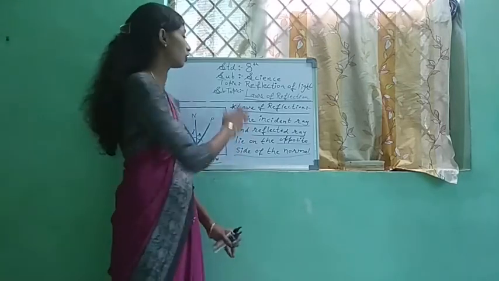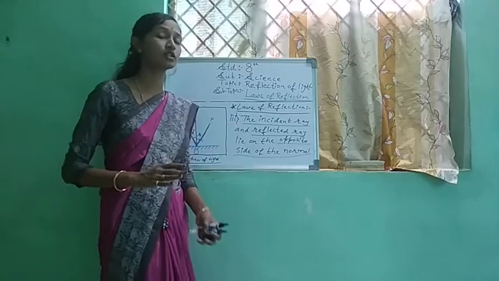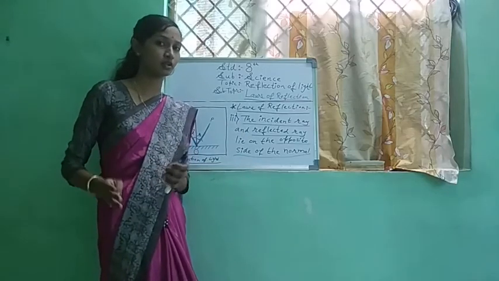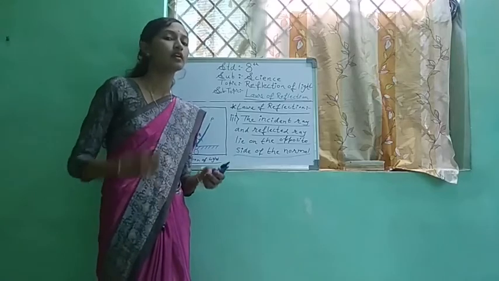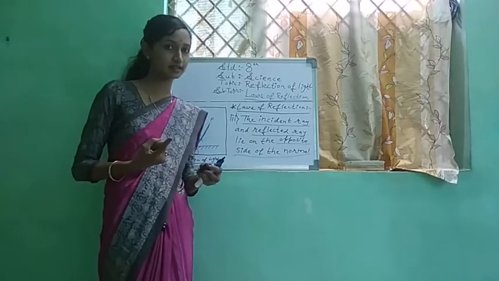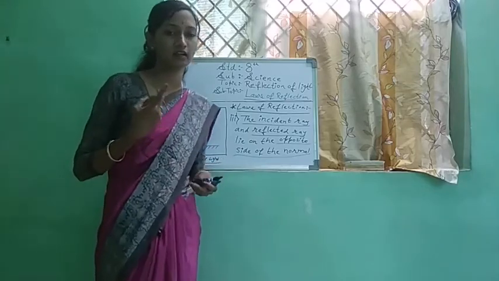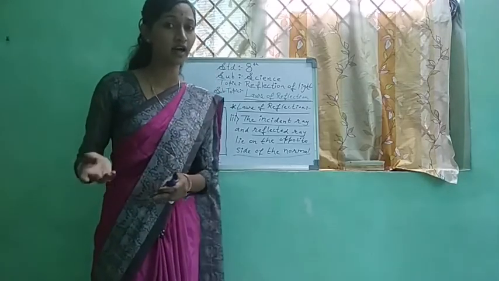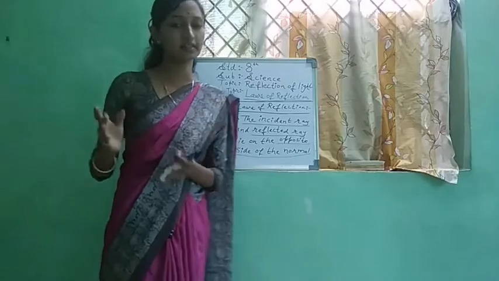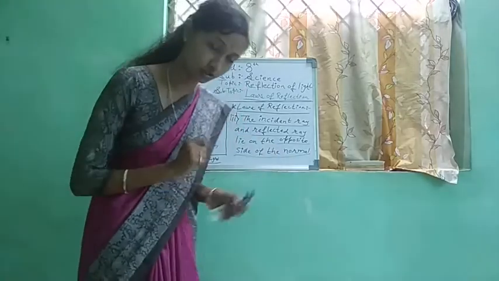These were the laws of reflection. Today we have seen laws of reflection. How many laws of reflection are there? 3 laws of reflection are there. The first law is angle i equals angle r, means angle of incidence equals angle of reflection, right?